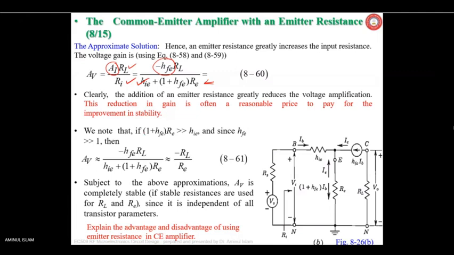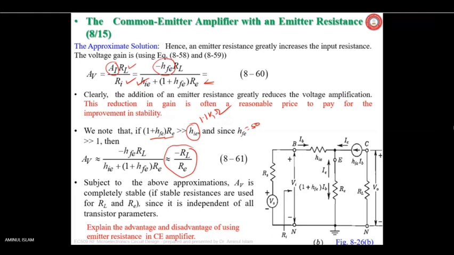We note that if (1 + hFE)RE is much greater than hie equal to 1.1K, once again you are writing, and since hFE is much greater than 1, because hFE is equal to 50, then AV can be written as minus RL by RE. Can it be? Yes or no? Yes, sir.